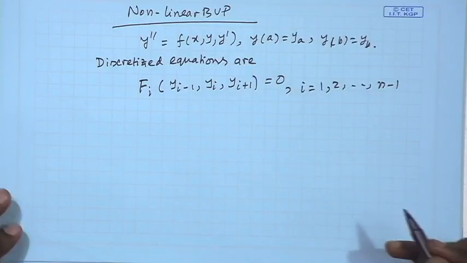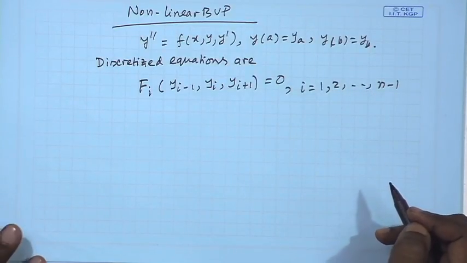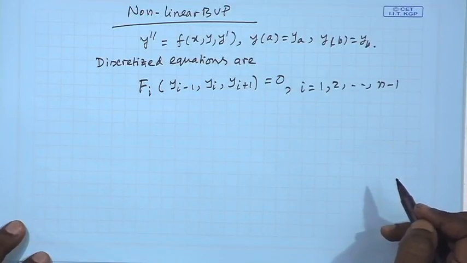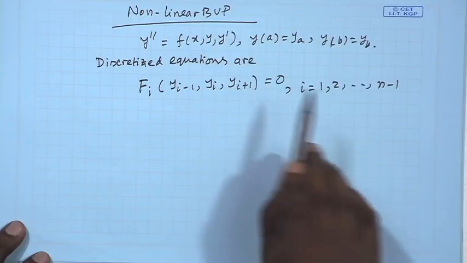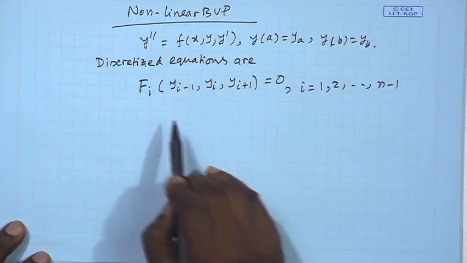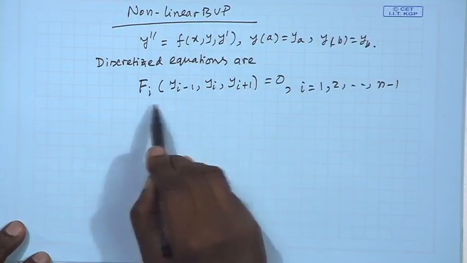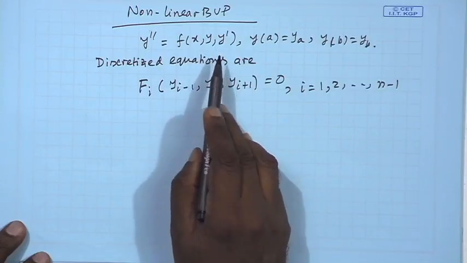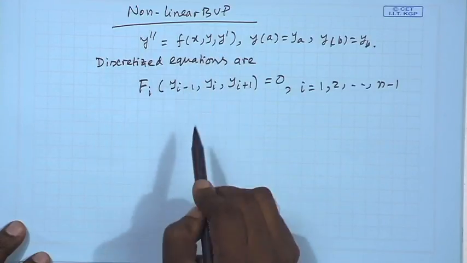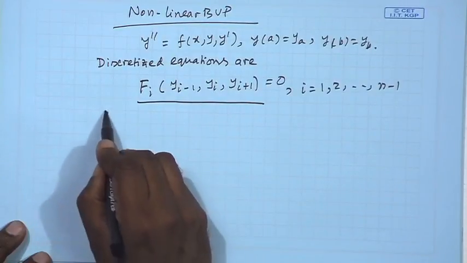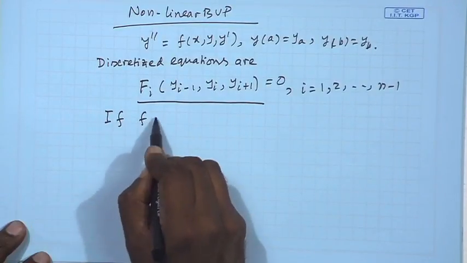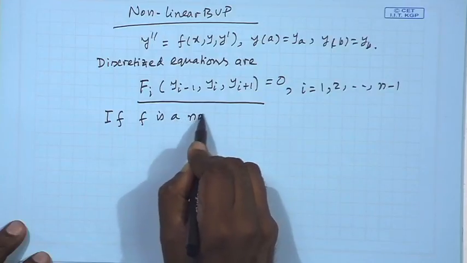In our notation, we have taken the grids as xi, and we need to find out the yi for i equal to 1 to n minus 1. So, if I discretize at each grid point, we use the central difference scheme for y double dash and y dash.